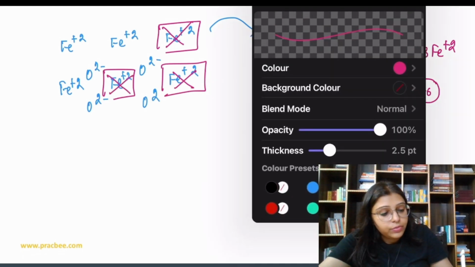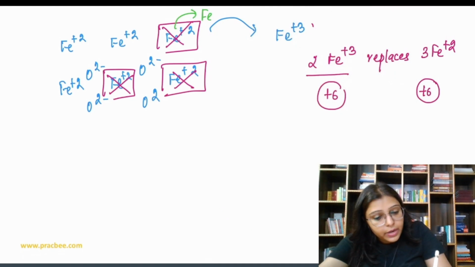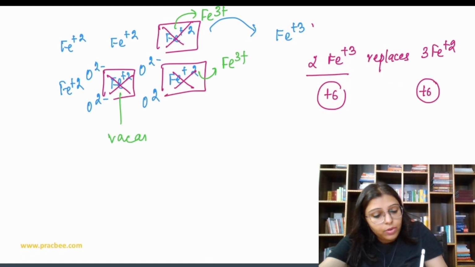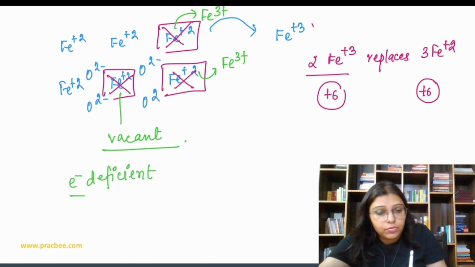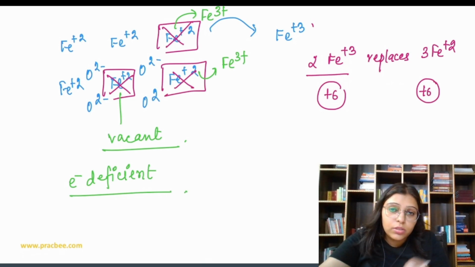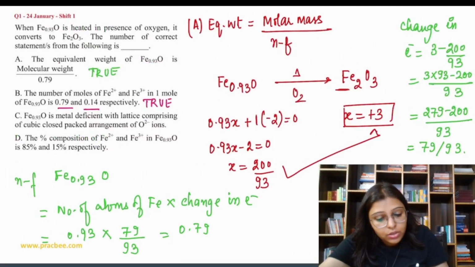Now out of 3 positions, 2 positions are occupied by Fe3+. Now one position is vacant, and if one position is vacant, so it means this is metal deficient. Right? And yes, this is a CCP structure, closed packed structure.